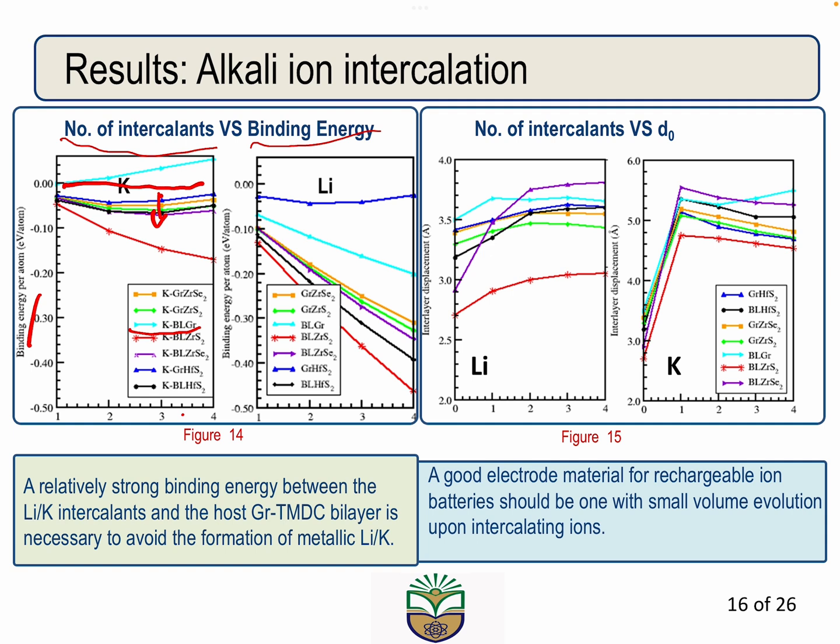For the intercalation with lithium, we find that all systems, even upon intercalation with lithium, all of them had negative binding energies, another indication that our systems still remained thermodynamically stable. A good electrode material should also be one with a small volume change upon intercalation of ions.